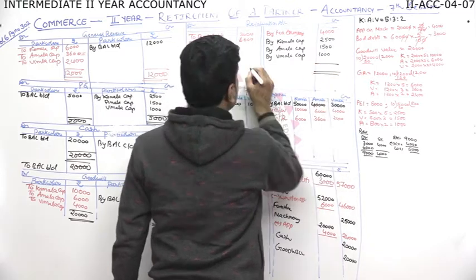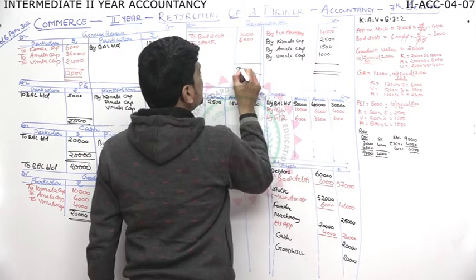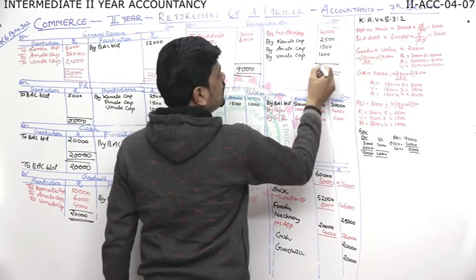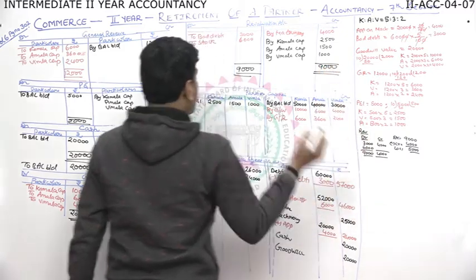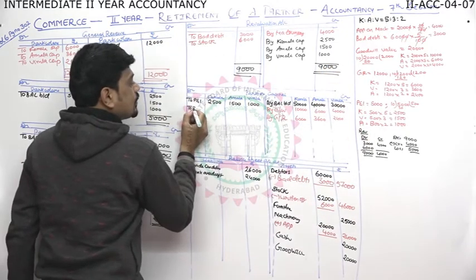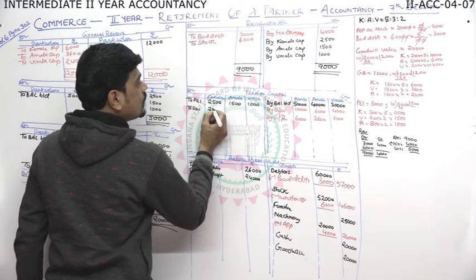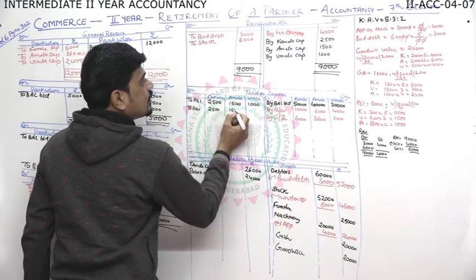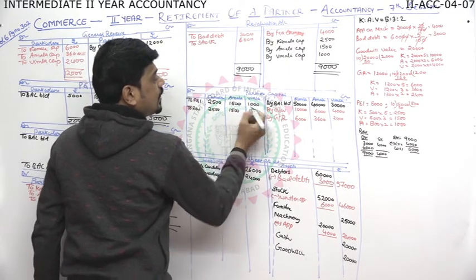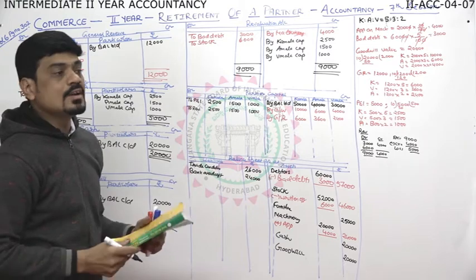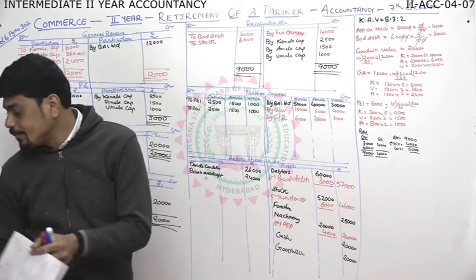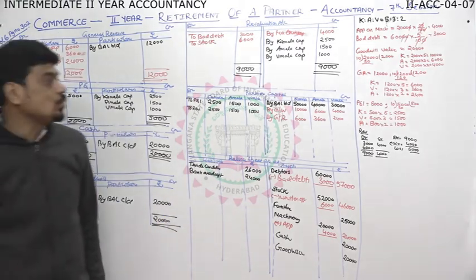So revaluation is closed with 9,000. Now debit to revaluation 2,500, 1,500, 1,000. Now is the most important aspect of the problem, dear students.